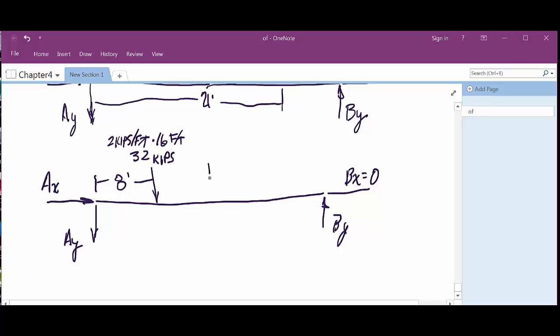Then you've got another force right here that is 1 kip per foot times, what was it, 26 feet. Feet cancel out. You're left with 26 kips here. And that distance was 13 feet.